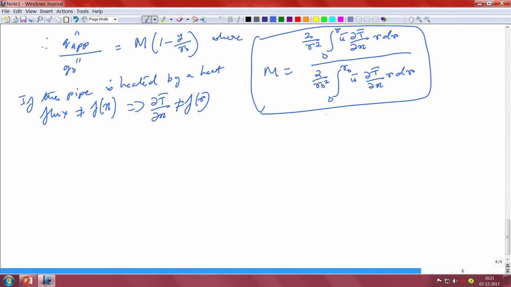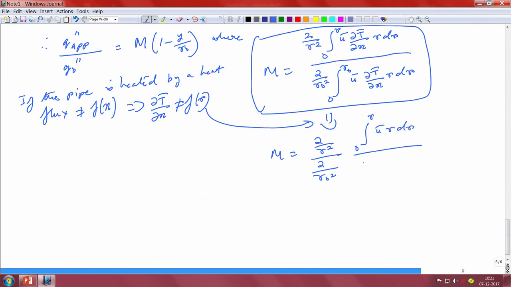So, therefore, your m based on this assumption basically boils down to 2 by r square by 2 by r naught square, right, integral 0 to r u bar r dr divided by 0 to r naught u bar r dr, right. That is what we get.